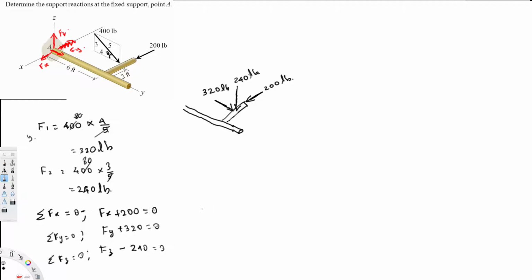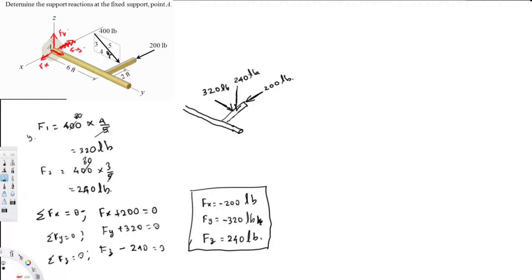Therefore, if I solve this, I will get Fx is equal to minus 200, Fy is equal to minus 320, and Fc is equal to 240 pounds. So these are the three forces we have.